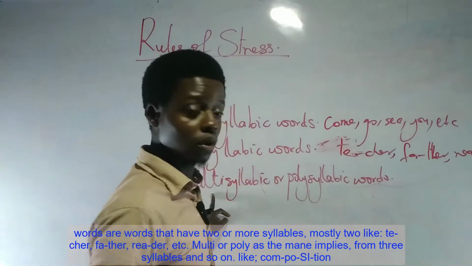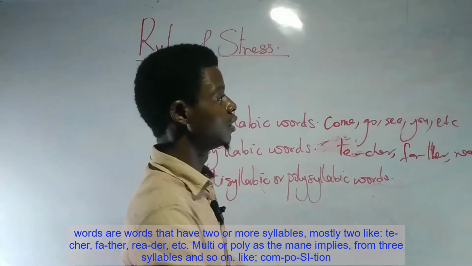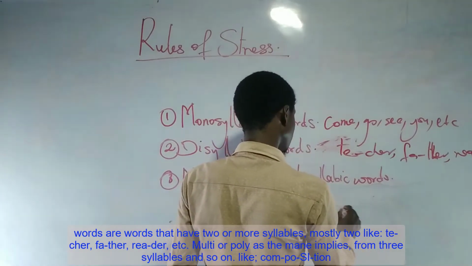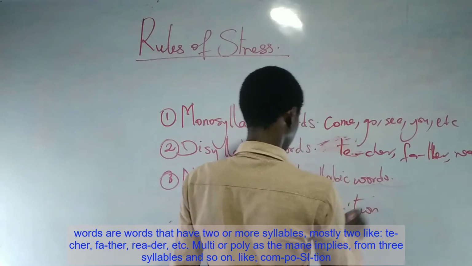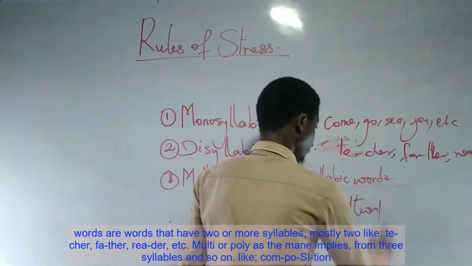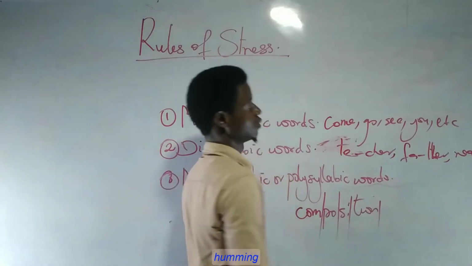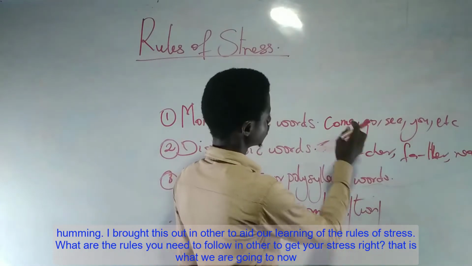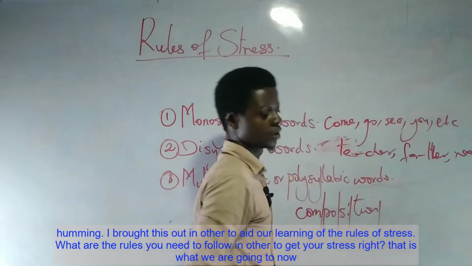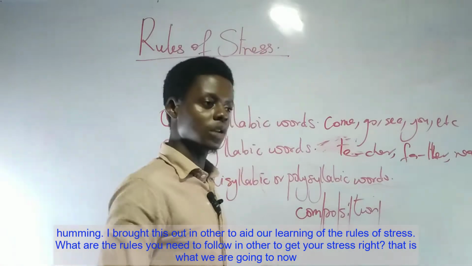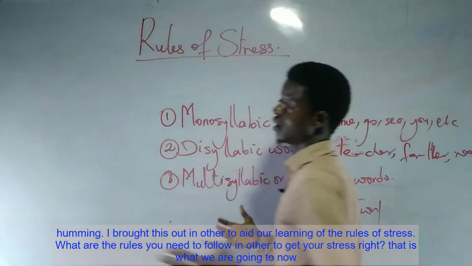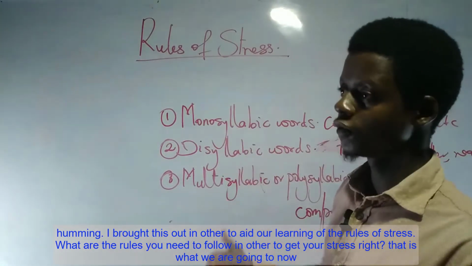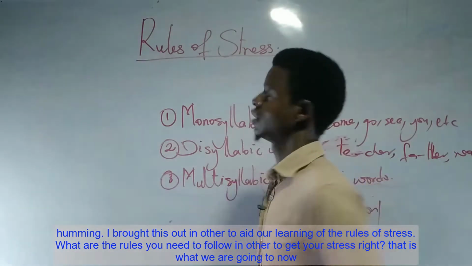Then multisyllabic words, as the word implies, have three and more syllables, like position, 1, 2, 3, 4. I brought this out because it will aid us in learning what we call the rules of stress. What are the rules you need to follow in order to get your stress right? So that's what we're going to do now.